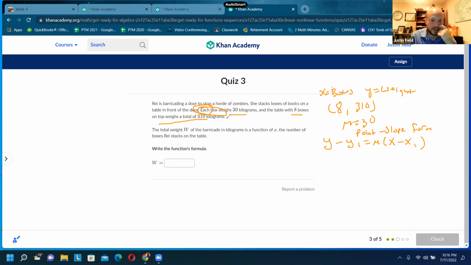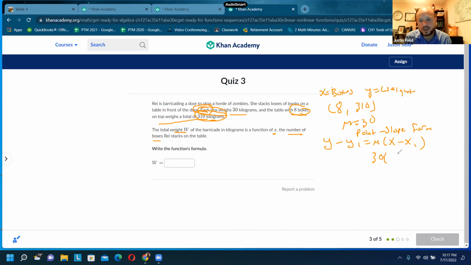Okay, my x value is the number of boxes, right? And w, the weight, is the y value. Okay, so then I noticed they gave me 8 boxes, and that relates to 310 kilograms. Notice that's the y unit and that's the x unit. So that is a coordinate, (8, 310). Now we can substitute our 3 given pieces in.